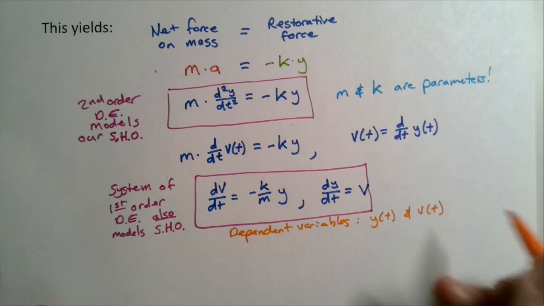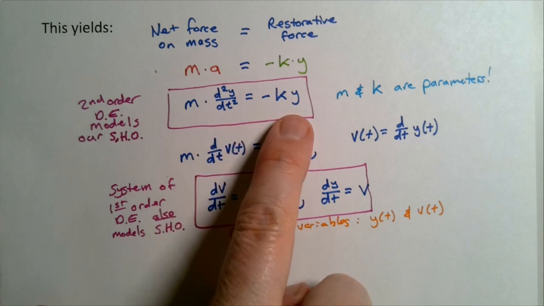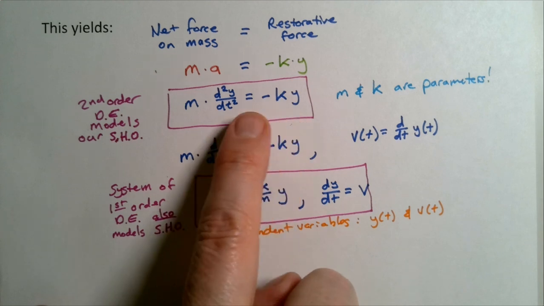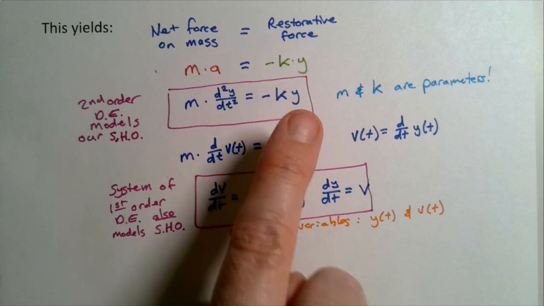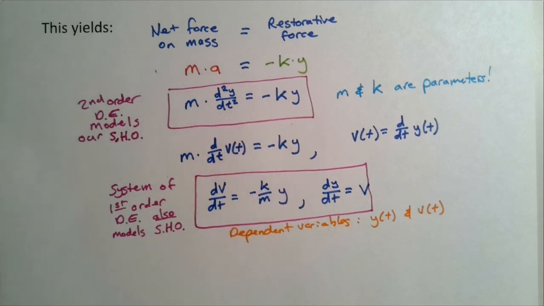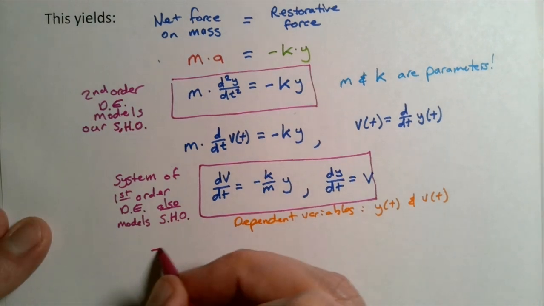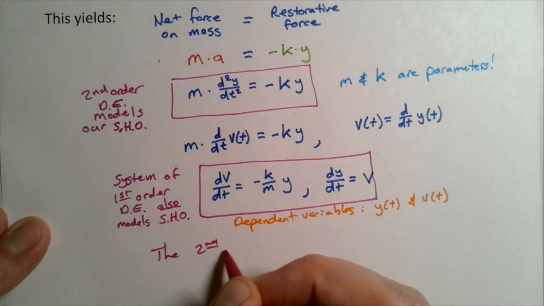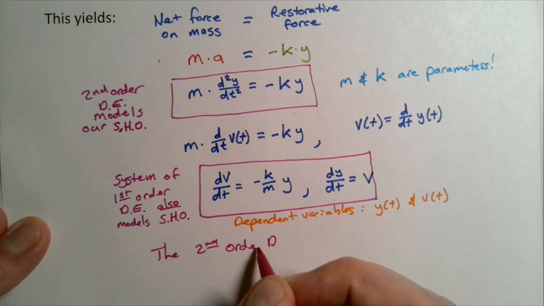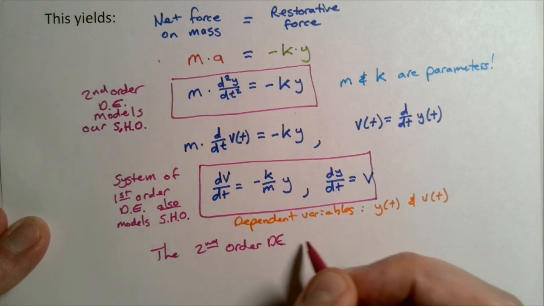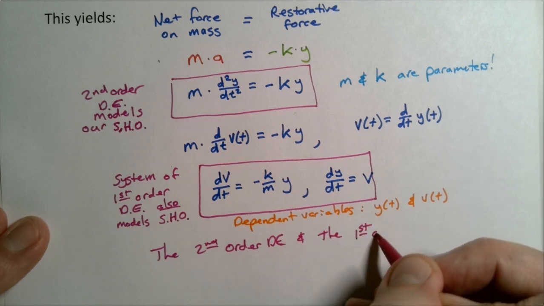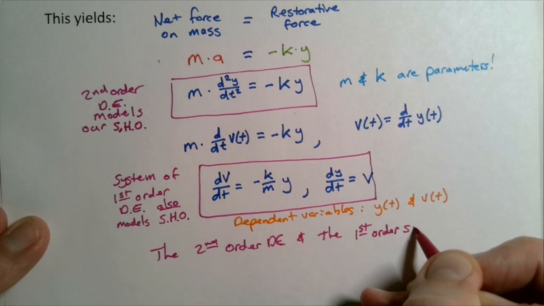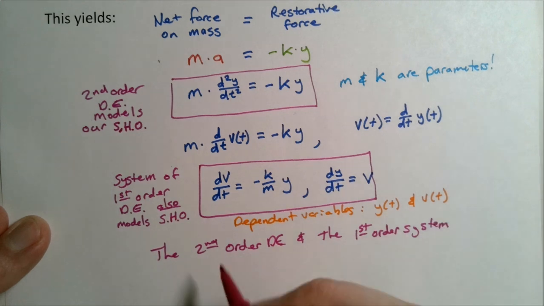Up here, the only dependent variable was y, right? Because it was the second derivative of y and y on the other side of the equation. So it turns out that the second order differential equation and the first order system are equivalent.